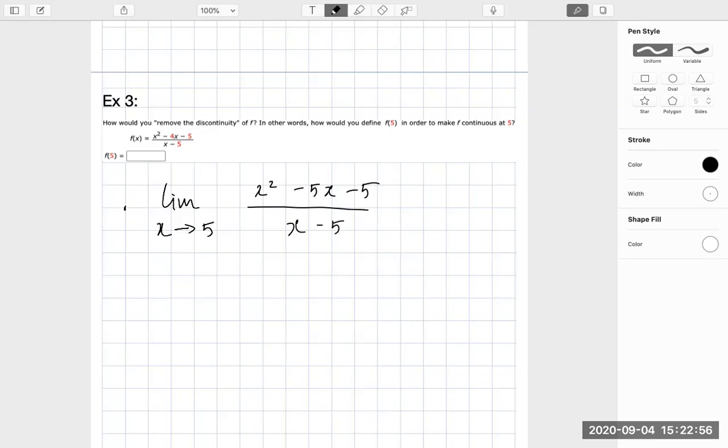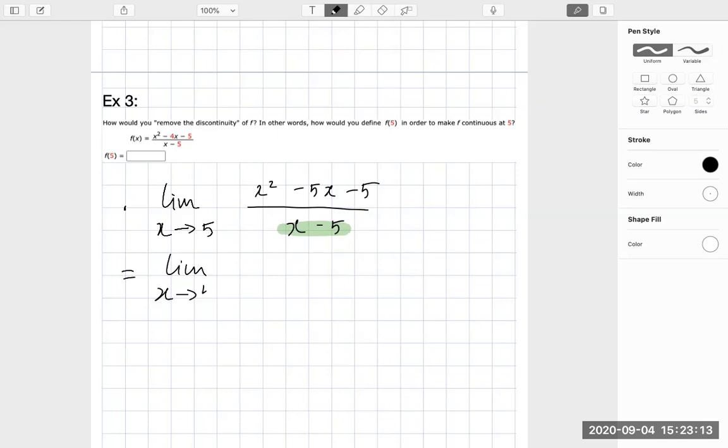We know that we are not allowed to pick the value 5 because it makes the denominator 0, so be careful. With this, we can factor the numerator.